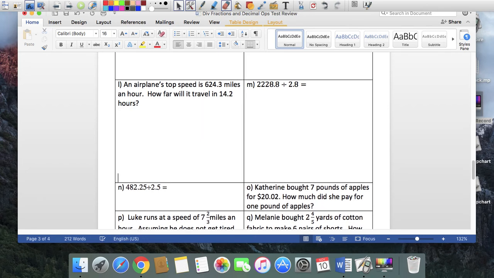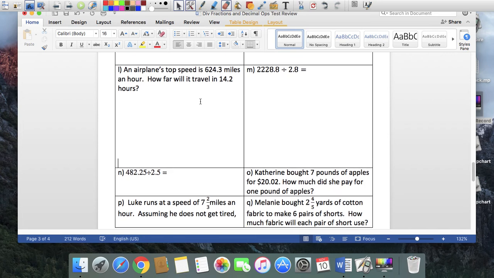Okay, an airplane's top speed is 624.3 miles an hour. How far will it travel in 14.2 hours? Something wrong with this question again. Oh, I mean, a lot of mistakes.